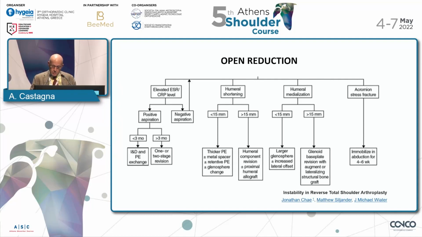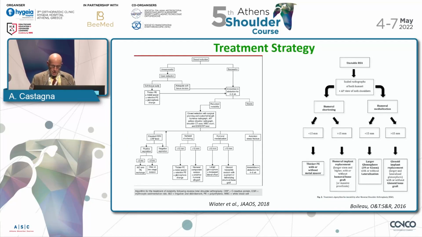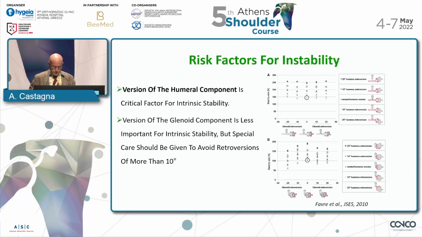If you have an acromial stress fracture, then let's say skillful neglect is what is mostly recommended, and JP described some cases about it, just immobilizing for 4 to 6 weeks and waiting. So the strategy is multifactorial, and again, look at the length of your implant and the position of the implant first of all. Rule out medialization and lateralization, and of course infection.